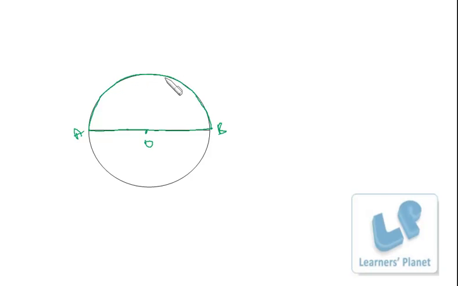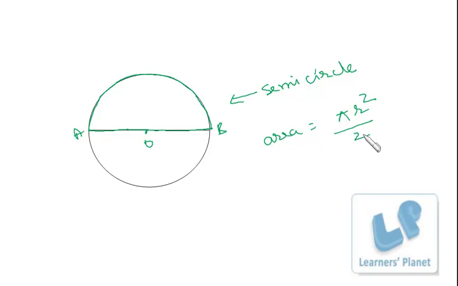Okay, so the green line portion is actually a semicircle. That is half of this entire circle, right? Now area of semicircle will be just half of the total circle, right? Area of semicircle will be just half of the area of the entire circle, right?